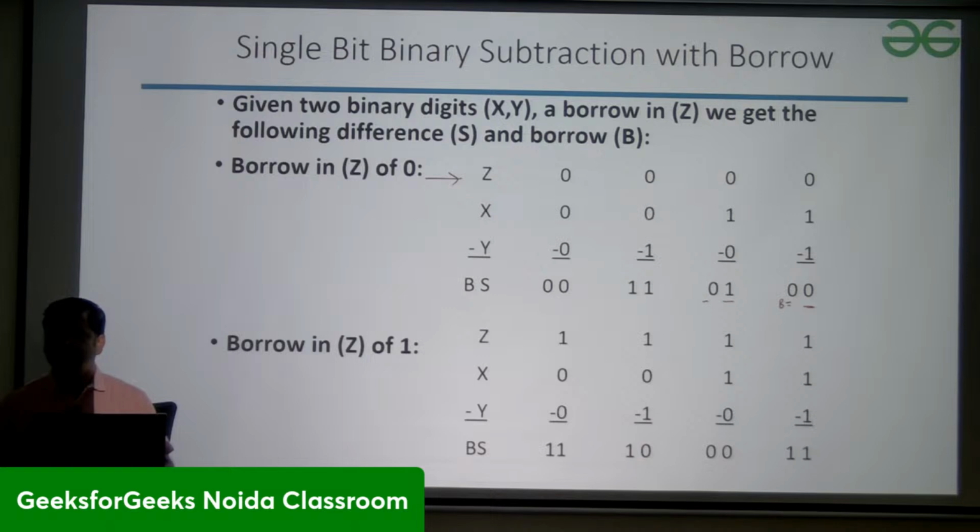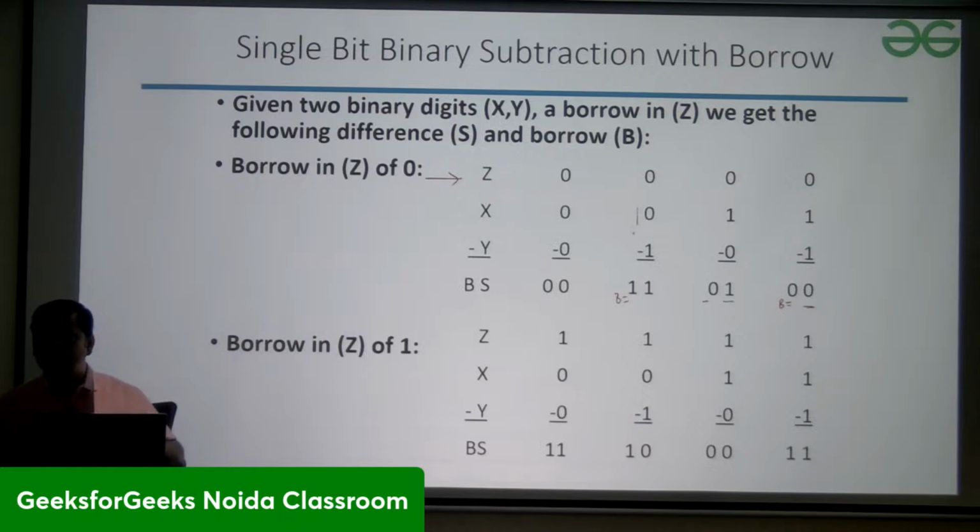Similarly for 0 minus 1, in that particular case you have to take 1 borrow, because 1 cannot be subtracted from 0, so you have to take borrow from the next candidate. In that particular case borrow is going to be 1 and this result is going to be 1 0.